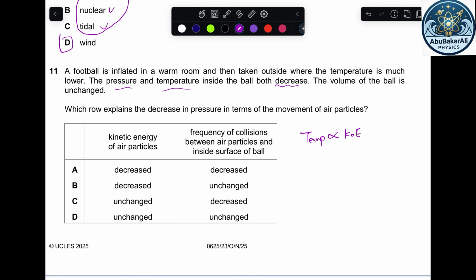So if temperature decreases, kinetic energy will decrease. So the kinetic energy of the particles should decrease. The frequency of collision between air particles and the inside surface of the ball is also directly proportional to kinetic energy, so that should also decrease. So it's option A.